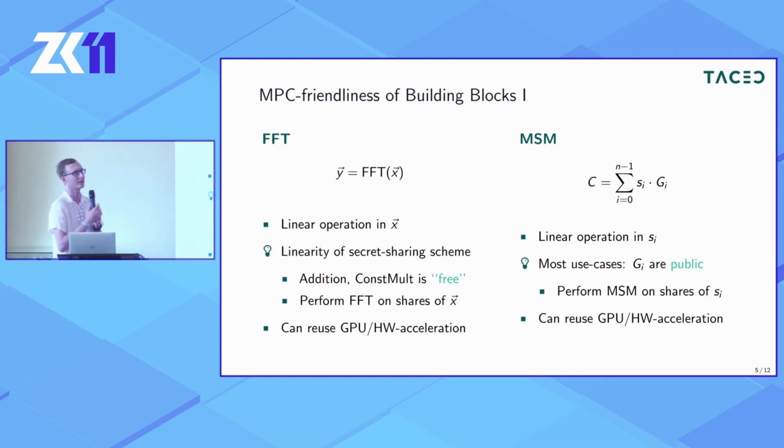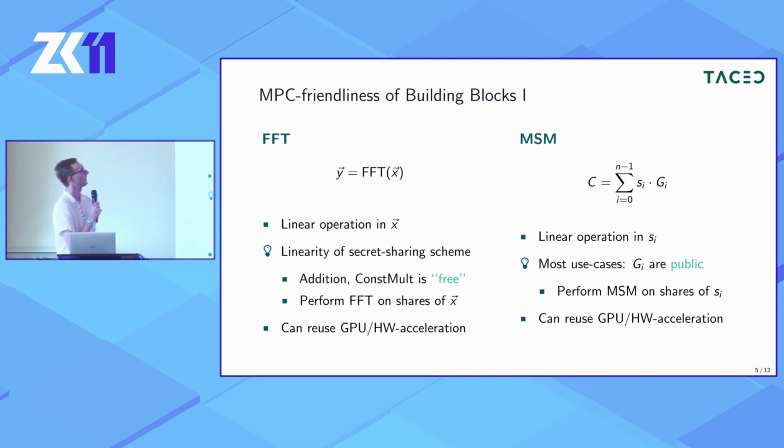Due to the linearity of the secret sharing scheme, we can just have the parties perform the FFTs on their local shares to get shares of the output. This is very nice because all of the operations are essentially local. You do it on the same field as in the zero-knowledge proof, and you can even reuse some hardware acceleration for this process.